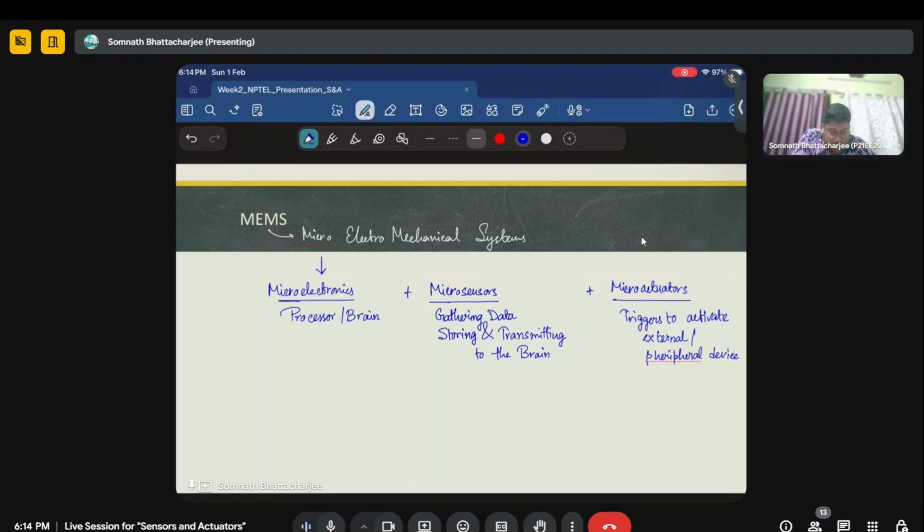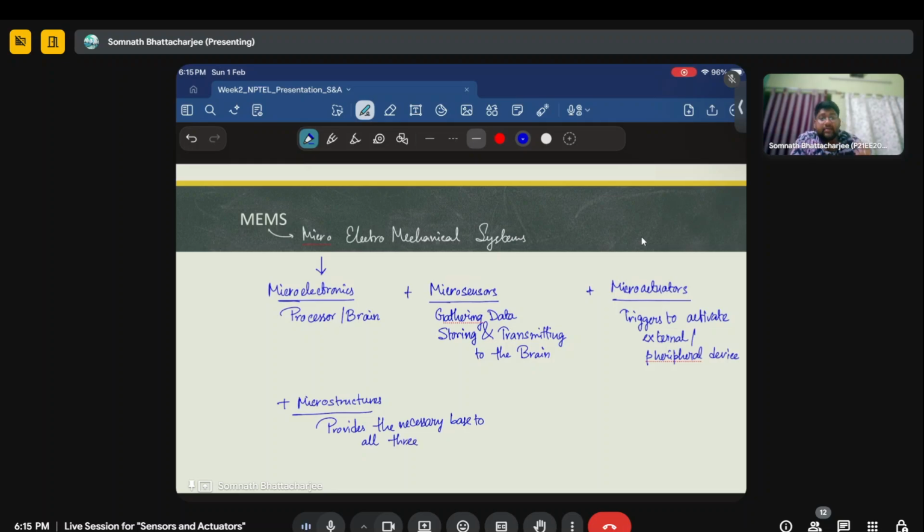But another part is microstructures. What are microstructures? These are very small structures that are directly built on different substrates, and they provide the necessary base to all three.